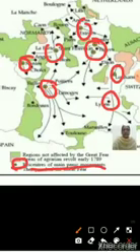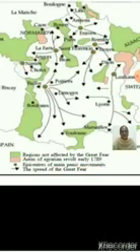Now, children, let's learn to locate them on the map of France. See page number 47 of your practice book. We have a map over there. Now, let's do the plotting. Look at the first question. What is the first question?